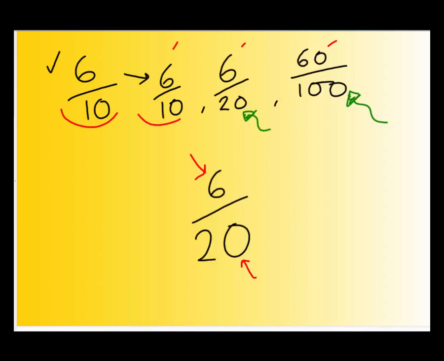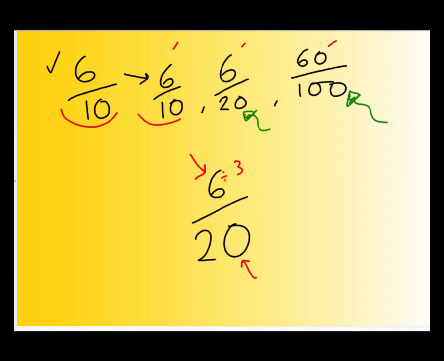And with fractions, whatever you do to the bottom, you've got to do to the top. So let's do that now. The biggest number that goes into both of them, you can't just say 6 here and 1 down there. It's got to be the same number. So the biggest number that divides into 6 and 20, I think, is 3.